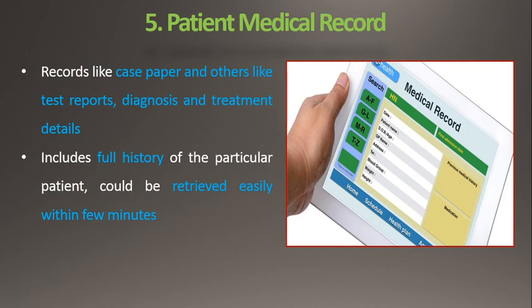This does not happen if we are storing that data in hard copies. So just remember, computers help to maintain the patient medical record, and we can retrieve the information of that patient easily within a few minutes.